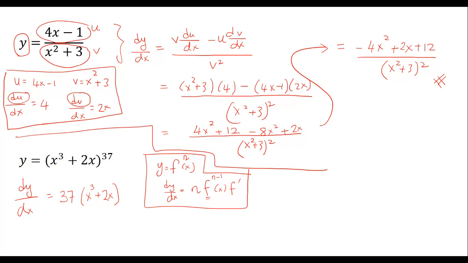What I change is only the power of my bracket, which I reduce by 1, and then I introduce another change whereby I prime the one inside my bracket, which is actually my f. When I prime the one inside my bracket, I have 3x squared plus 2.